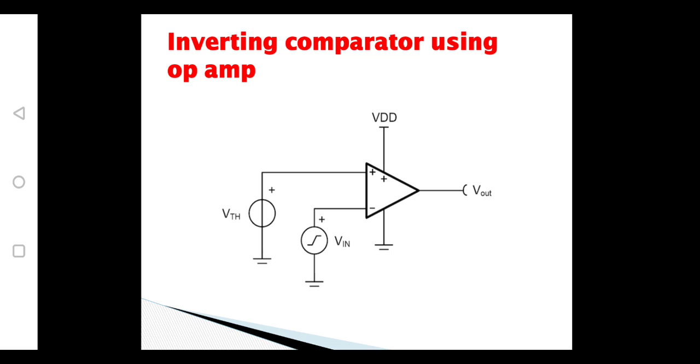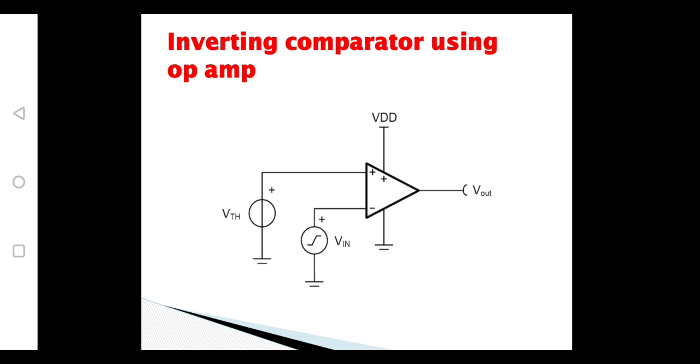If you remember, in the case of the op amp as a differential circuit, we give input to both the terminals. So here also, similar to the subtractor circuit, we need to give the input to both the terminals of an op amp.